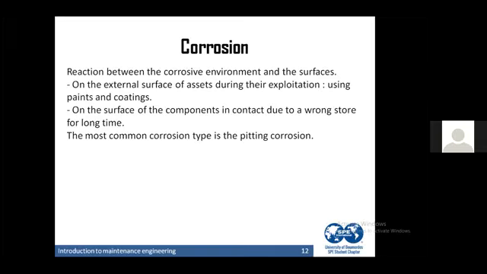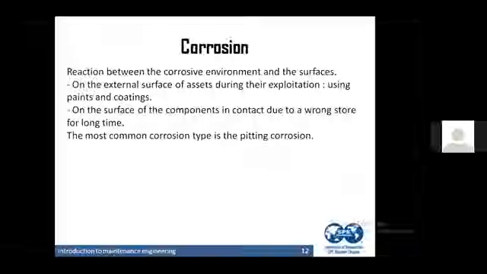Because of that, generally, we paint our assets, not for decoration, but to preserve them from corrosion. Second type is the corrosion that happens inside the components. And this generally happens when we store our equipment in the wrong method for a long time.